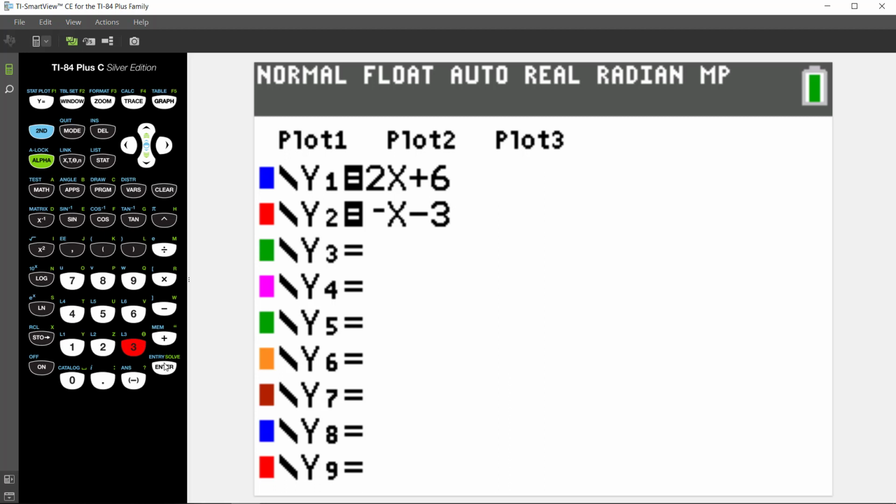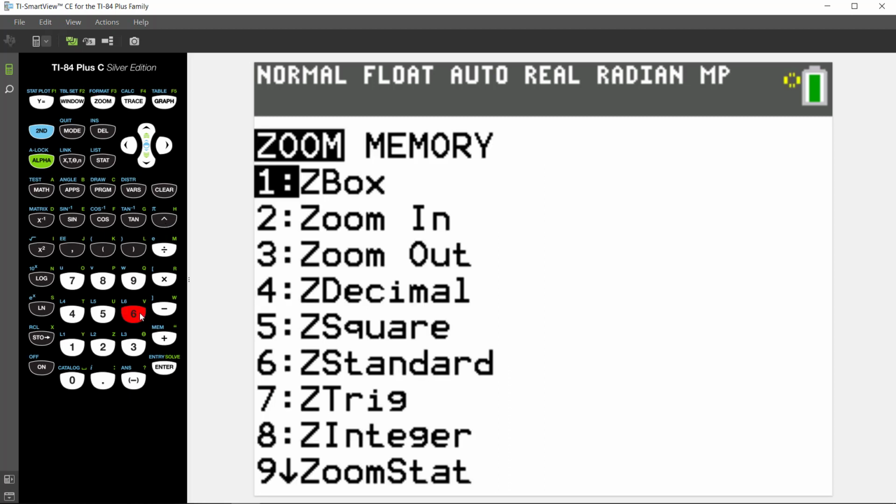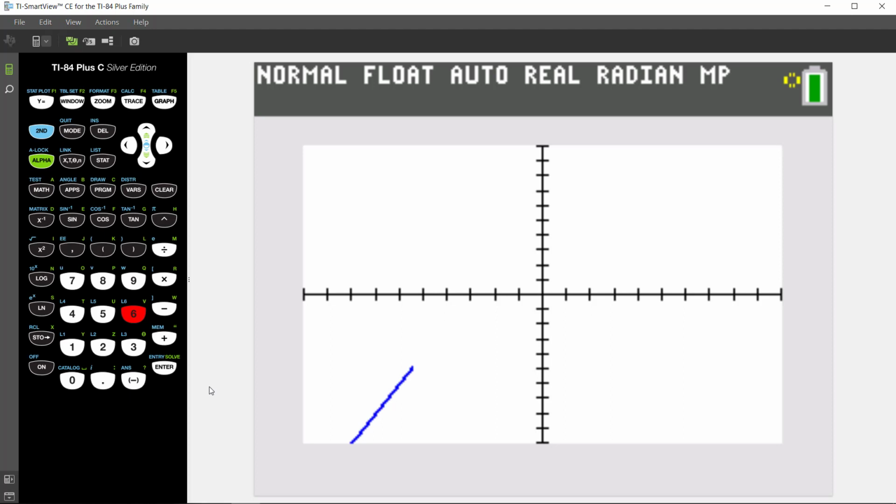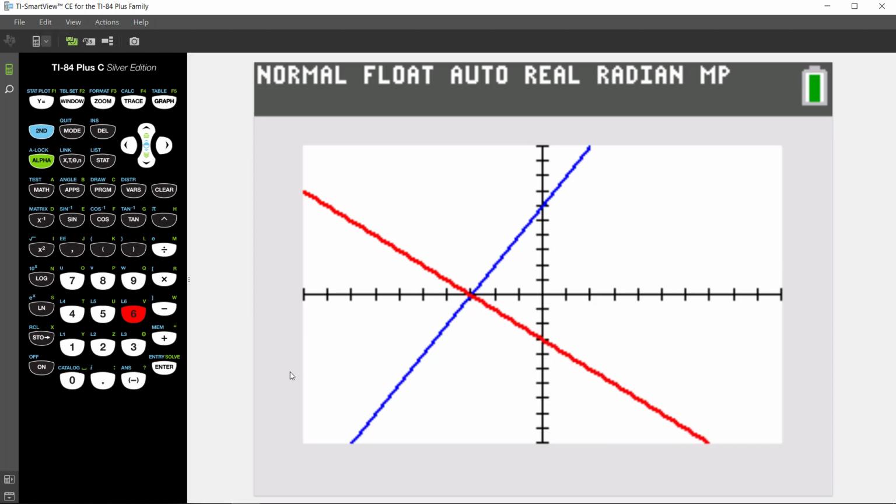Great illustration here of the difference between a negative sign and a minus sign. Then I'm going to look at my graph, starting with my standard window, zoom 6. Here comes that first line, and here comes the second line. You can see it looks extremely similar to how I graphed it by hand, except there's a very distinct point. So there is one solution.